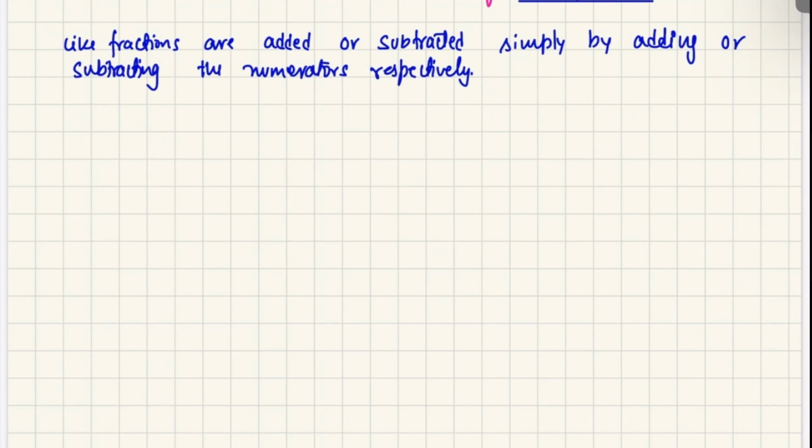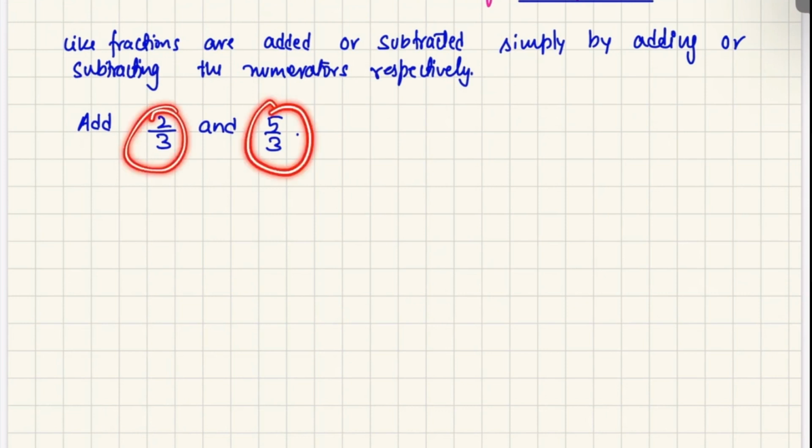Let's say there's a question: add 2 by 3 and 5 by 3. So how do we know that it's a like fraction? Because the denominator is the same. So in a fraction in which the denominator, that is 3 in this example, is the same in both the fractions, then these two fractions are known as like fractions.